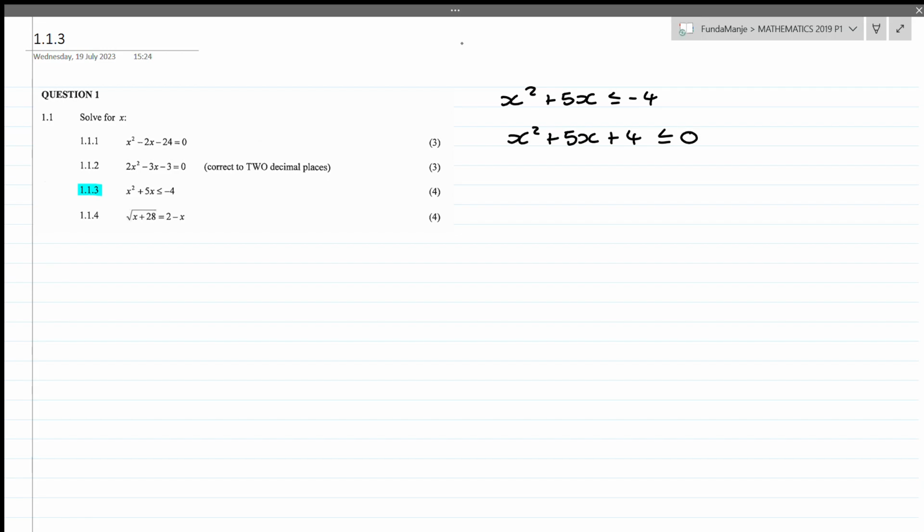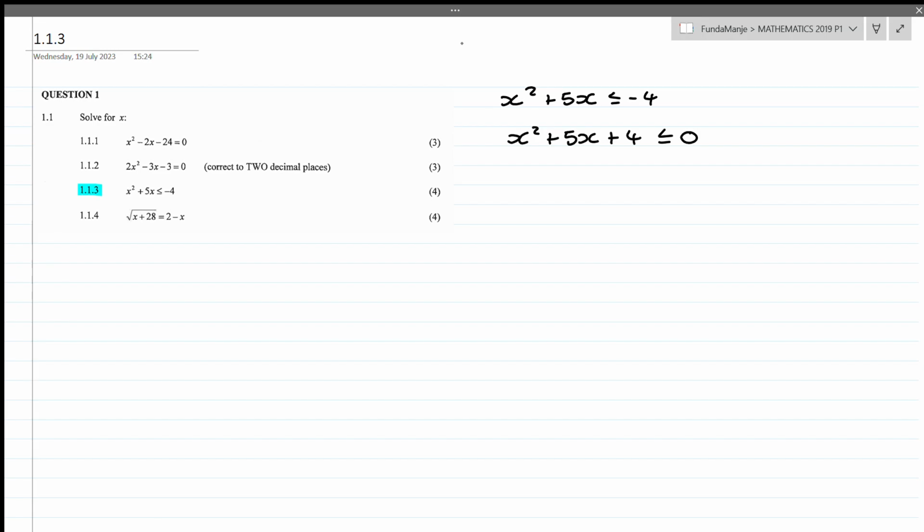Then we're going to solve it just like we would a normal equation, but one difference arises. The difference is that our answer is not going to be x is equal to, but rather we are going to identify our critical values that allow us to define where our answer is going to lie.